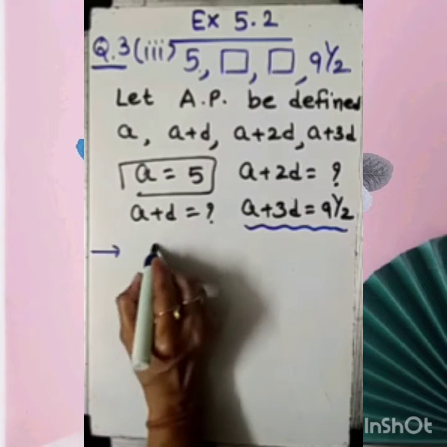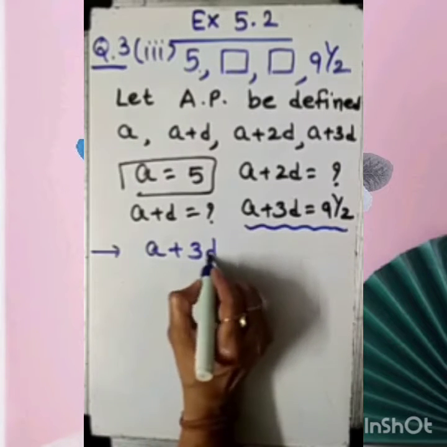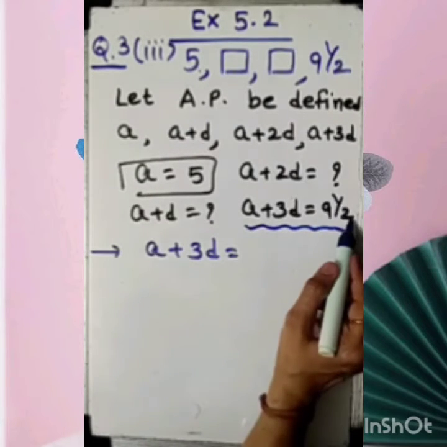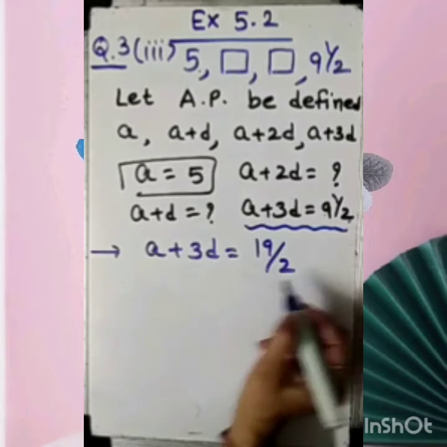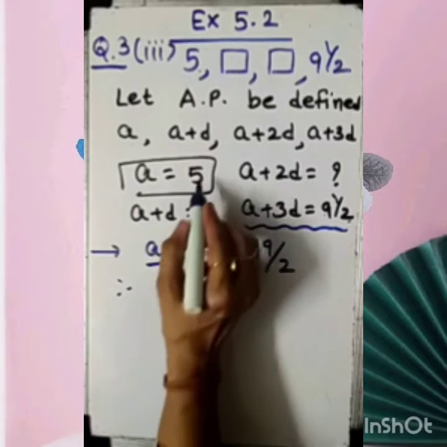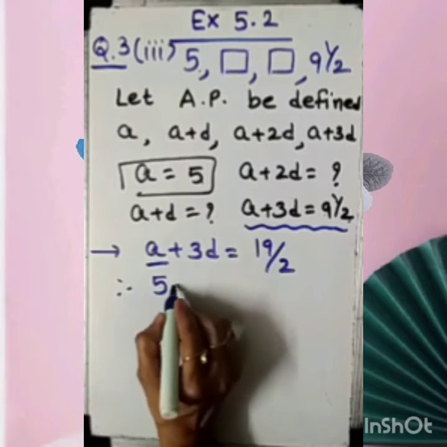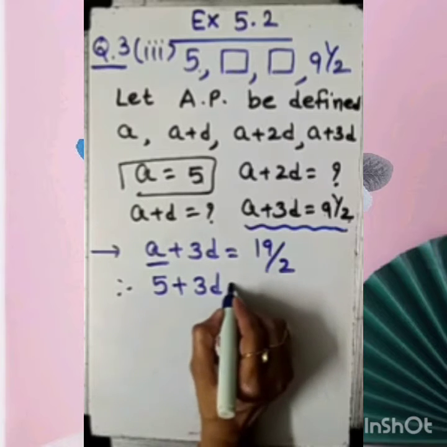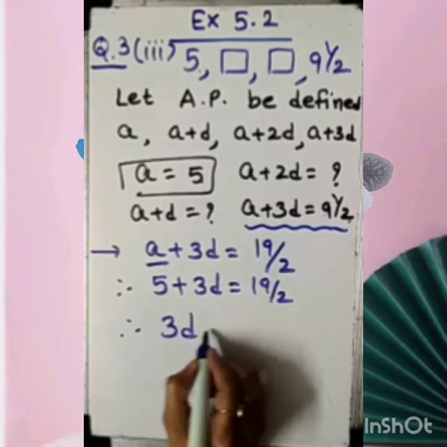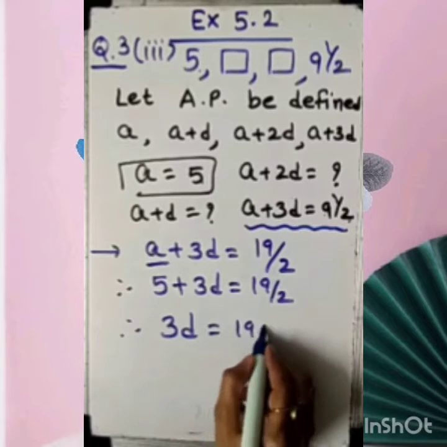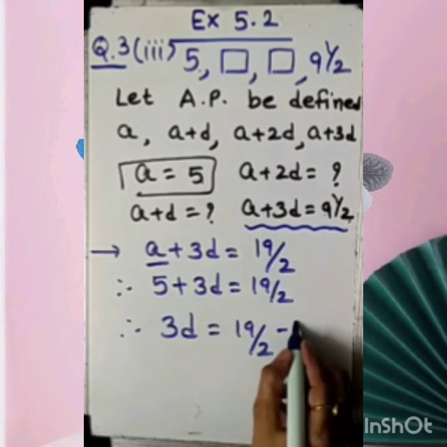A plus 3D equal to, let me convert 9 and 1 half into an improper fraction. 9 twos are 18 plus 1, 19 by 2. Here I am substituting the value of A, the first term, 5, and let's simplify. Then 3D equals 19 by 2 minus 5.